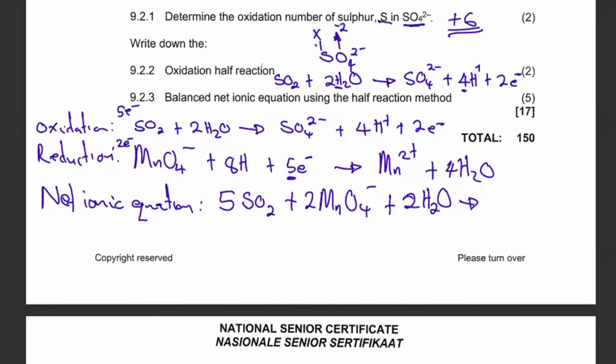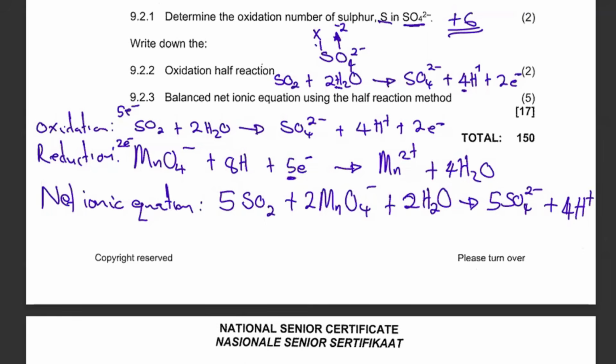So our product there is going to have what? Our sulfur, SO4. It gives us a sulfate, which is our SO4. Then the SO4 is going to be 5 SO4 2- plus 4H+, and then plus what is left?